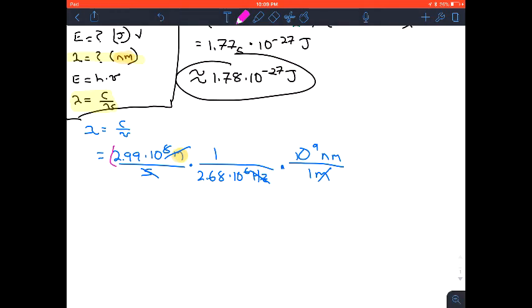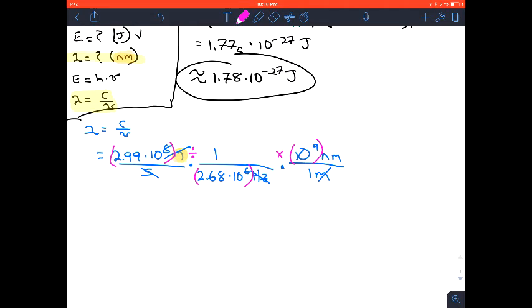So we have 2.99 times 10 to the 8th divided by 2.68 times 10 to the 6th multiplied by 10 to the 9th. Okay, so I'm going to pop that in my calculator right now. 2.99 times 10 to the 8th divided by 2.68 times 10 to the 6th multiplied by 10 to the 9th.